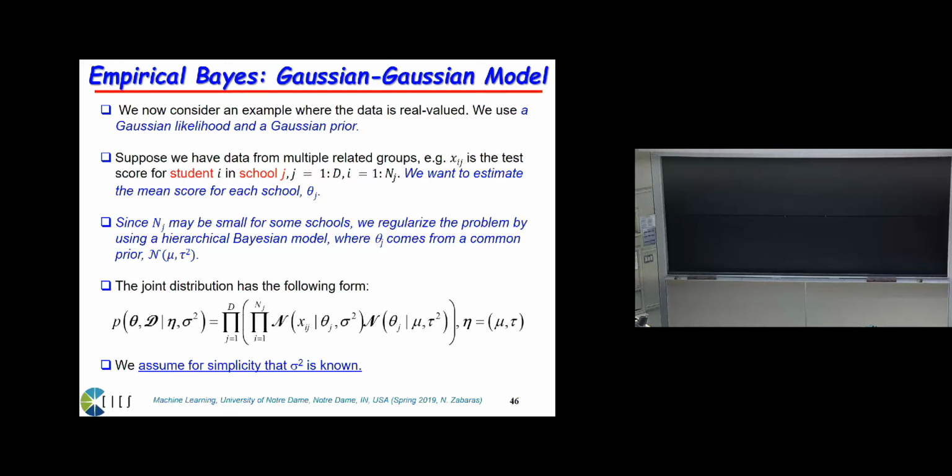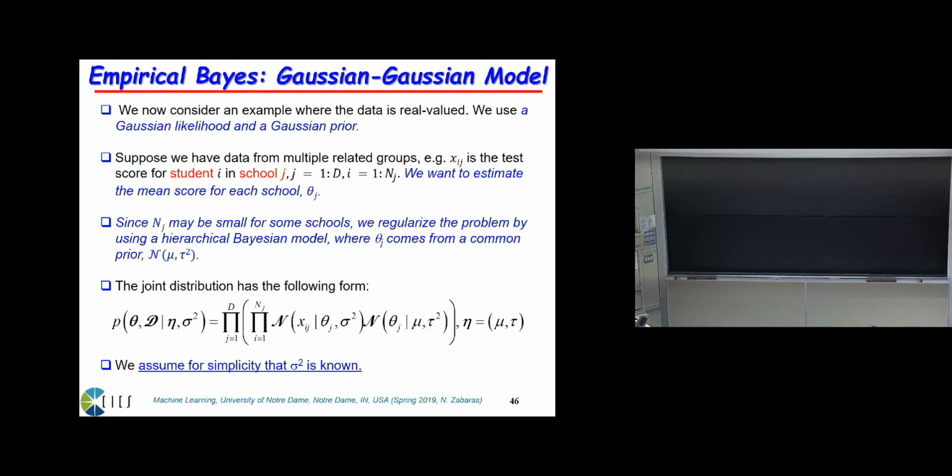We have D schools, j equal 1 to D, and in each school we have nj students, index i from 1 to nj, and we want to estimate the mean score for each school, which we call theta j. The students take different exams, say a particular class, and we want to estimate the score rates for each school.